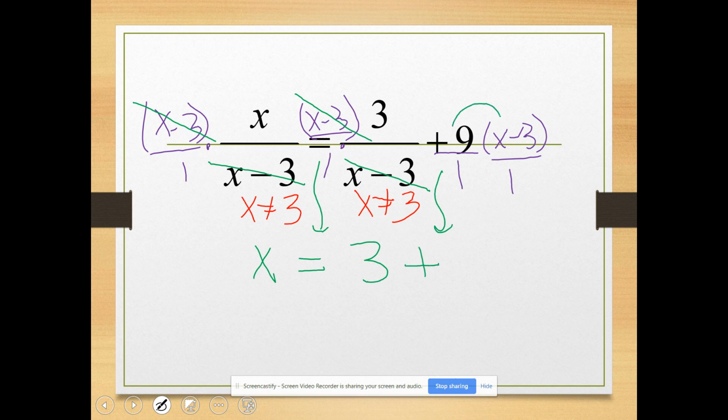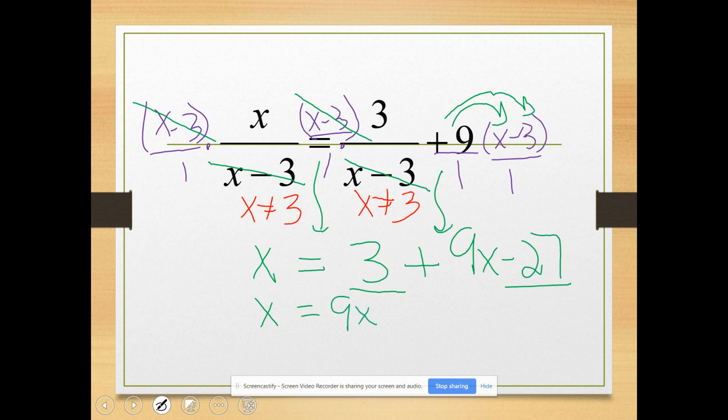Nothing cross reduces on this right side, so I just need to distribute that 9 and we get 9x minus 27. I'm going to combine like terms. So those are my like terms on the same side. 3 plus negative 27 gives me a negative 24.